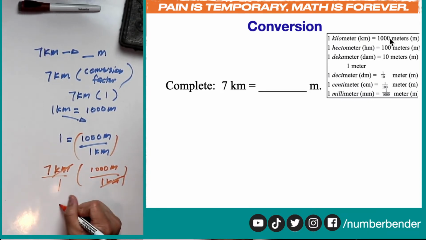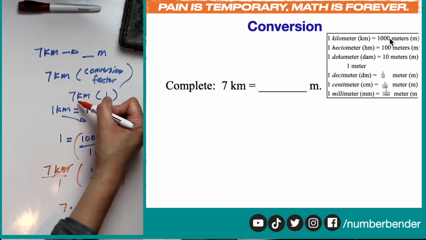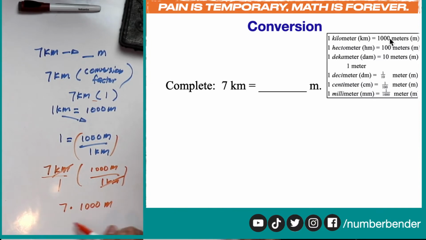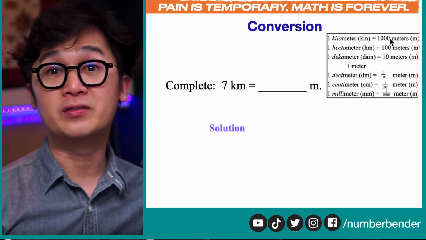Now we're left with 7 multiplied by 1,000 meters. Now that we have changed our 7 kilometers into something meters, all we need to do is multiply this, and we have 7,000 meters. So we know that 7 kilometers is equal to 7,000 meters using this method of conversion.